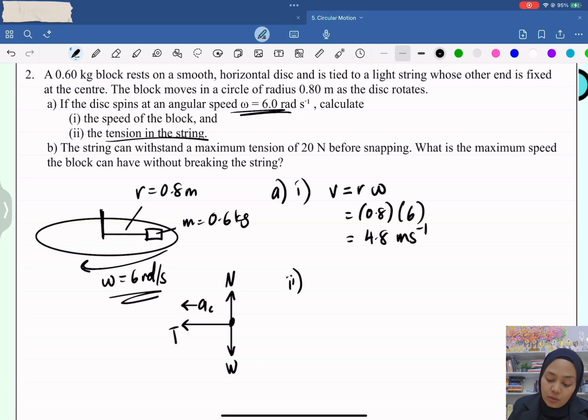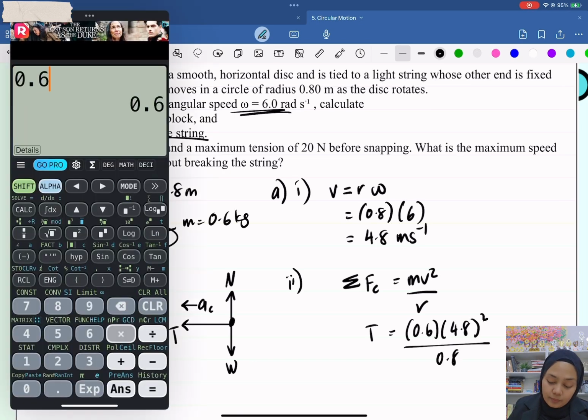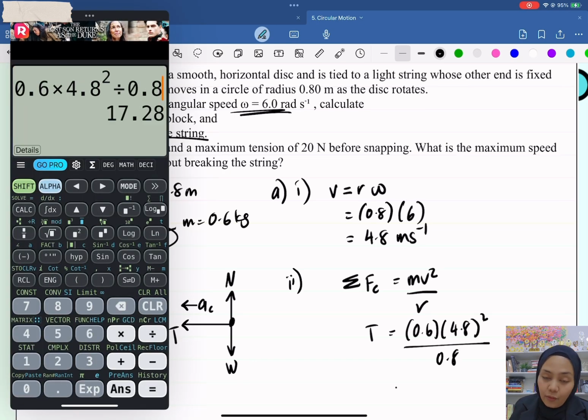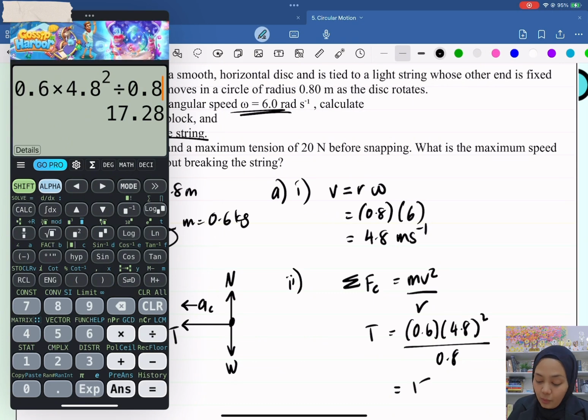We use the summation of force, Fc equals mv squared over r. The tension is the one we're looking for. The mass of the block is 0.6, the velocity is 4.8 squared, over r which is 0.8. So the answer for the tension is 17.28 Newton.